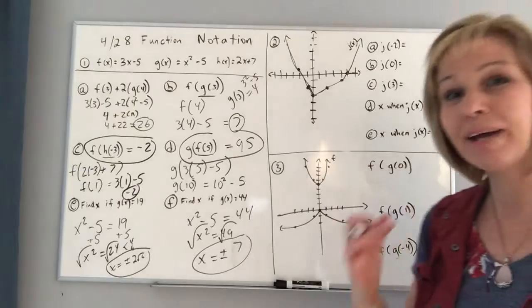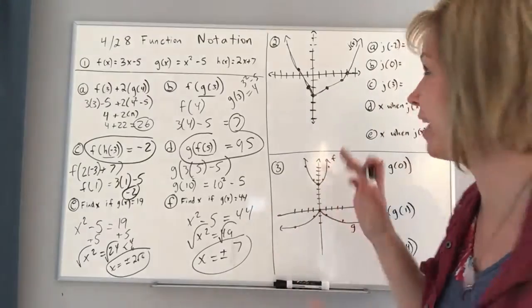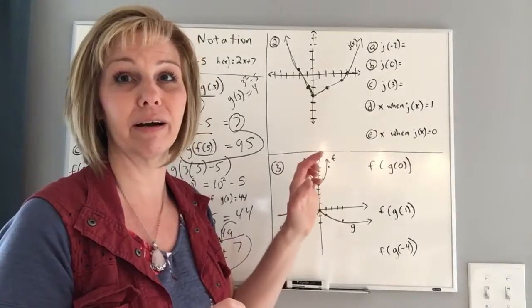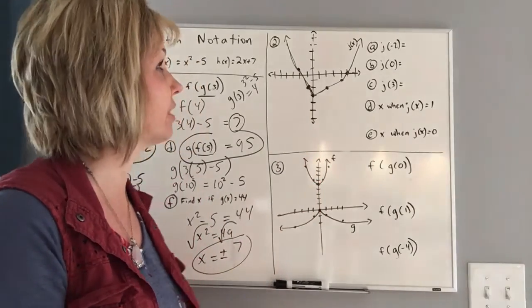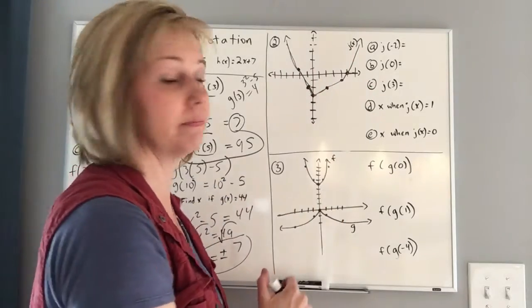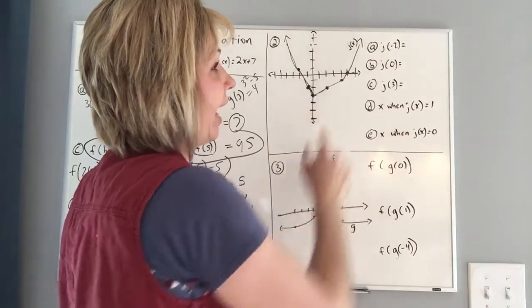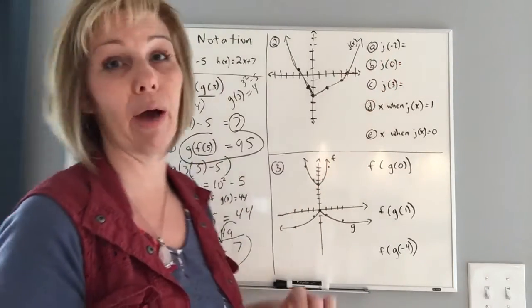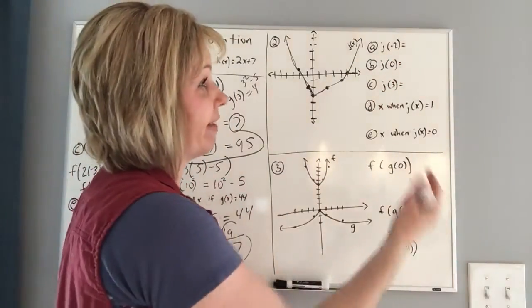Number 2, I tried my very best to graph this, but you can follow along with the graph that's on the note sheet that I gave you. So I have this function called j of x. Okay, and then I have a. So if you have j of -2, you want to find the output.